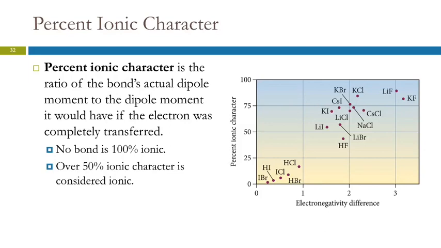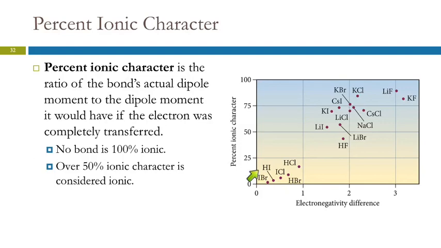And so here's a graph showing percent ionic character versus electronegativity difference. So we say that if it's over 50% ionic character, we're going to call it an ionic bond. There's no bond that's actually 100% ionic. Like I said, it's helpful to think of it that way, but it really isn't quite.